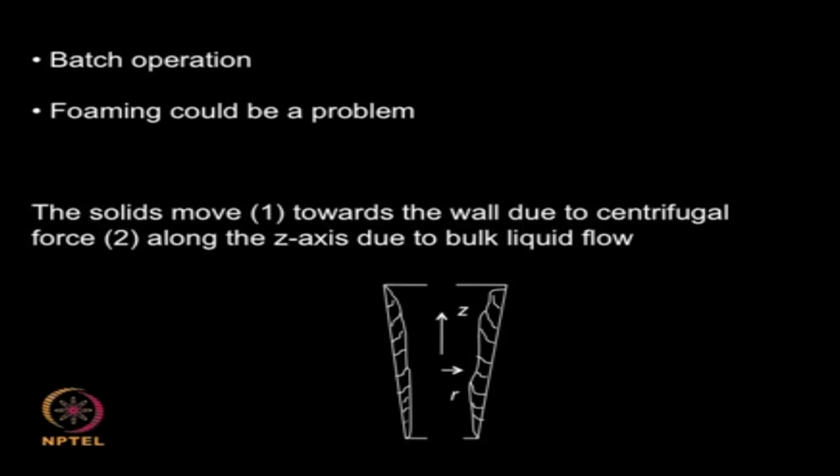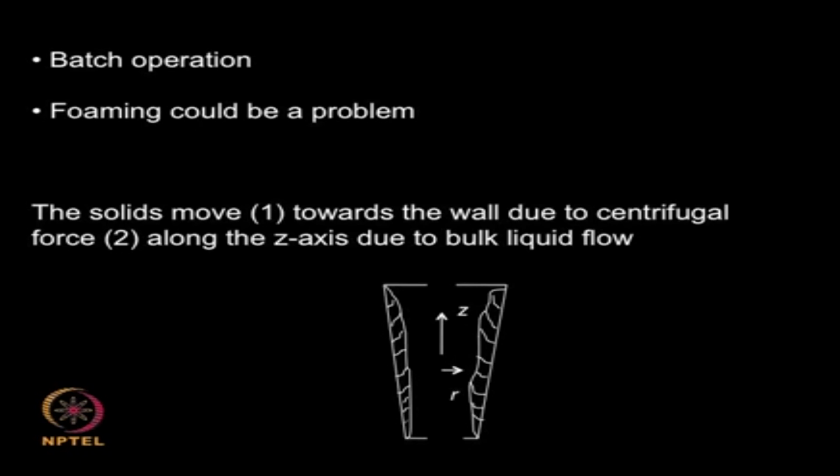So if you take a solid which is entering the centrifuge, two things are happening to the solid. Number one, because of the movement of the liquid the solids travel along the axis of the centrifuge. Number two, because of the centrifugal forces they are thrown at the wall of the centrifuge, and this is a function of the radial location of this solid.